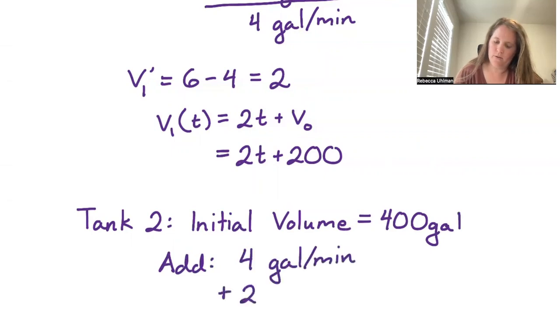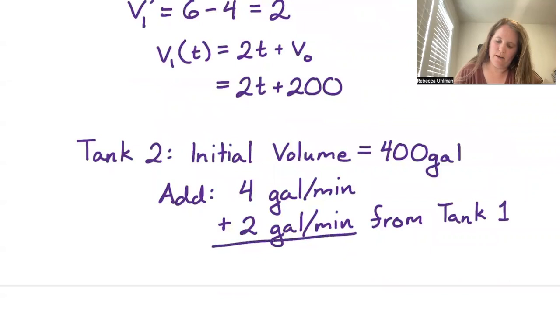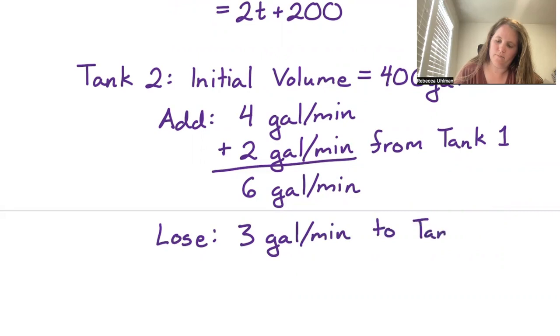We also add 2 gallons per minute from tank 1. So in total, we add another 6 gallons per minute to tank 2. We lose 3 gallons per minute to tank 1. And we lose 2 gallons per minute from draining.